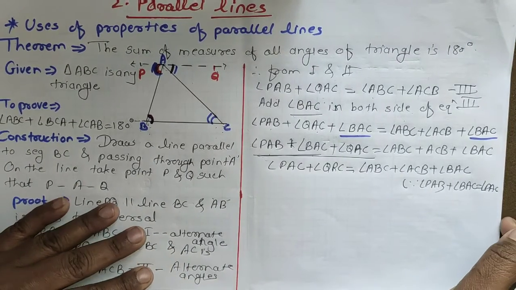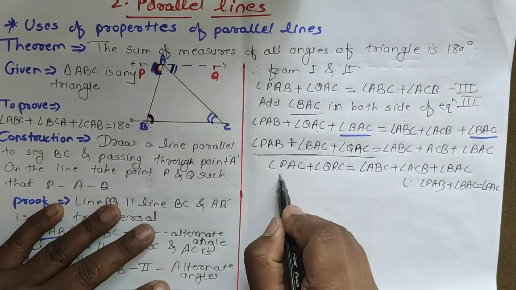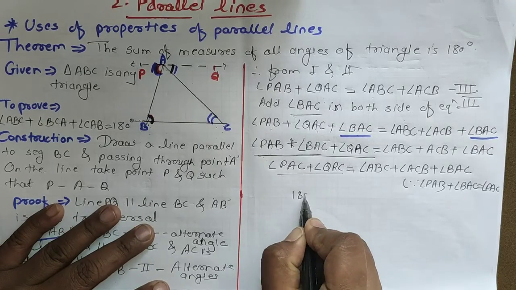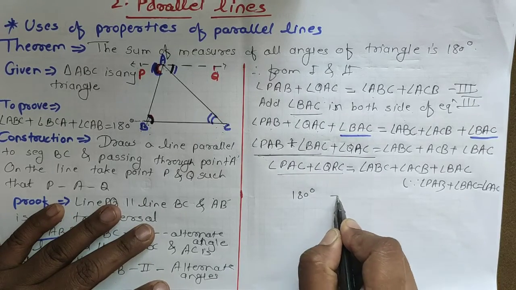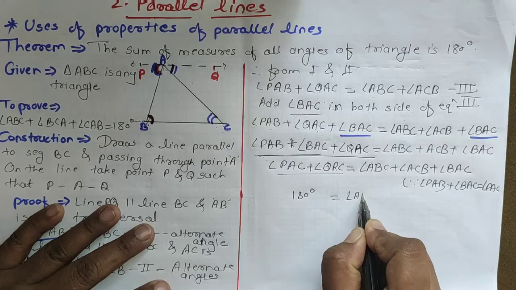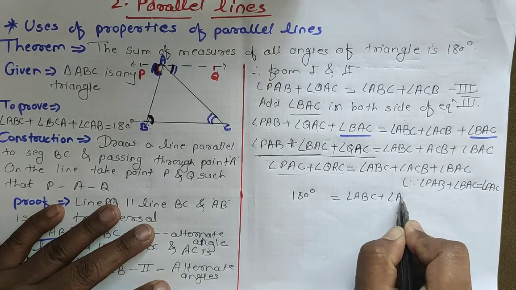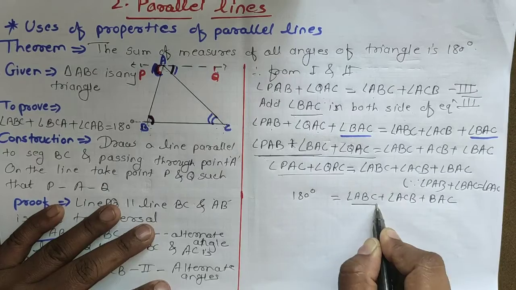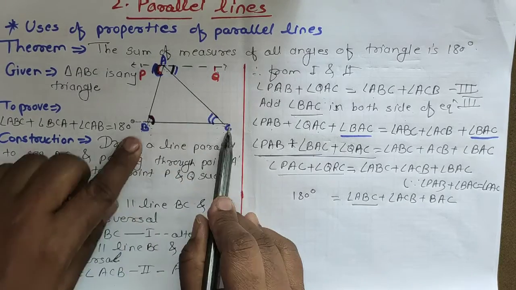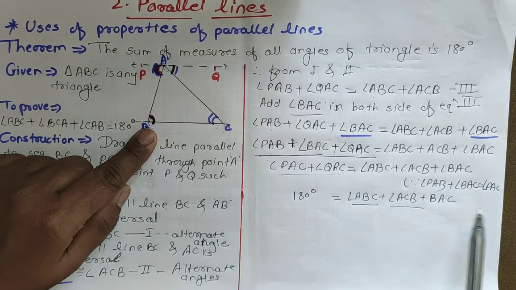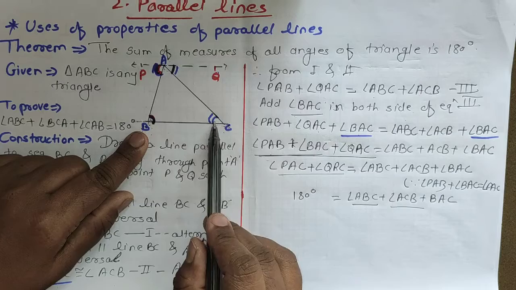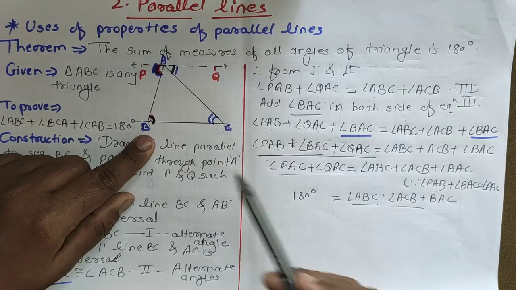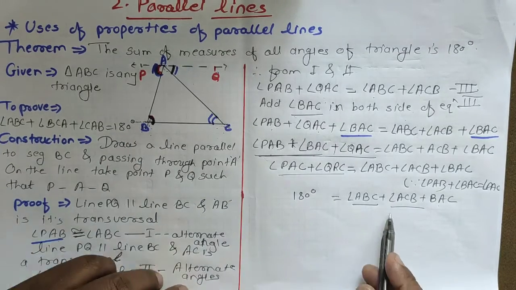Now, as you know, this angle sum is equal to 180 because they are in a linear pair. So we get angle ABC plus angle ACB plus angle BAC. ABC is the first angle of the triangle, ACB is the second angle, and BAC is the third angle of the triangle.